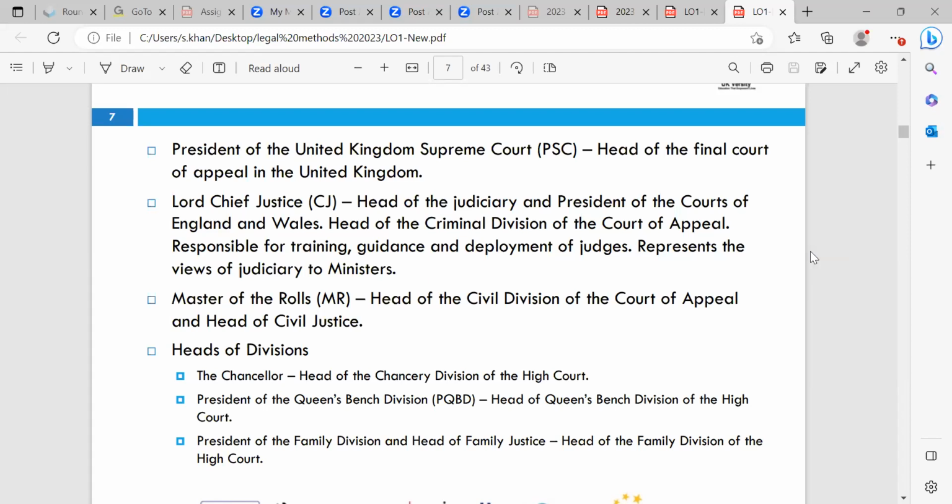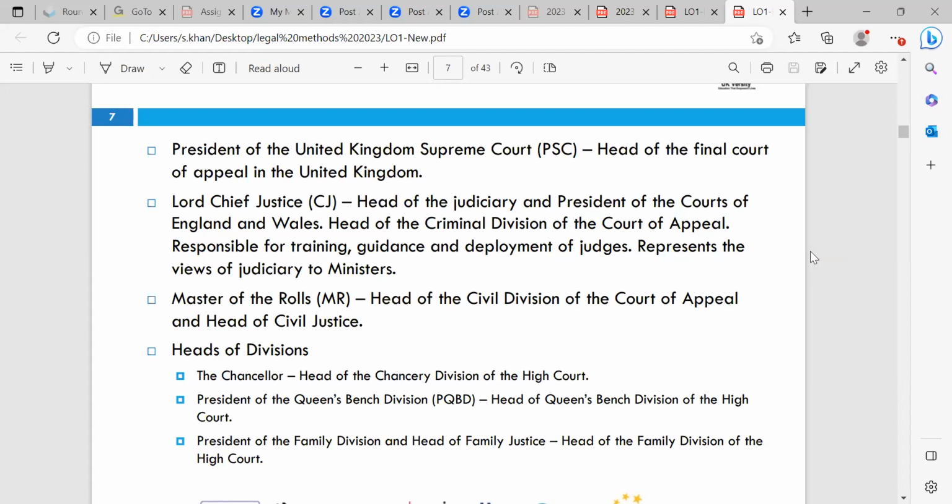Why do you think we've got separate heads of division? We've got the Chancellor, the President of the Queen's Bench, then the President of the Family Division. Why do you think Family Division is separate?